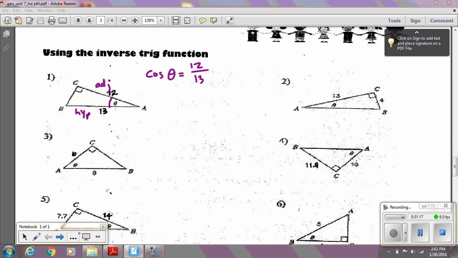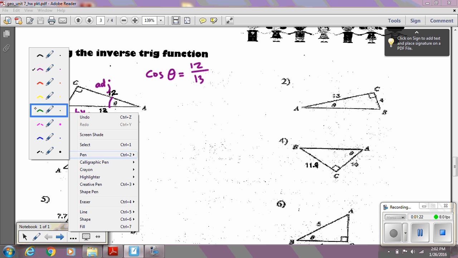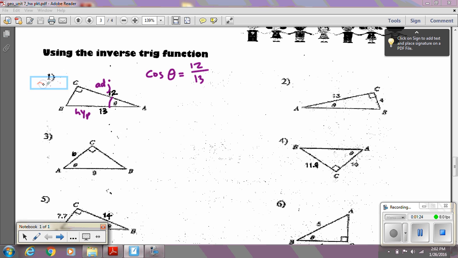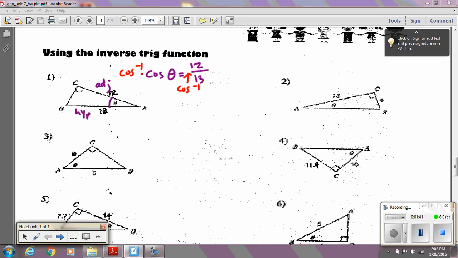Now we talked about it in class. In order to remove the cosine from in front of the theta, you have to apply the inverse to both sides. So they would cancel each other out. So cosine inverse will cancel out cosine, leaving theta is equivalent to the cosine inverse of 12 over 13.